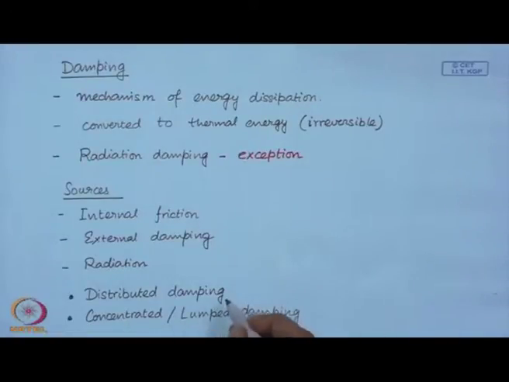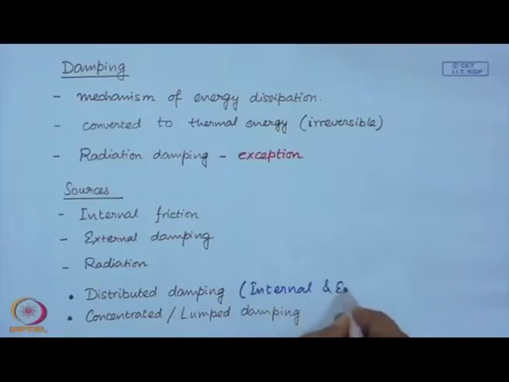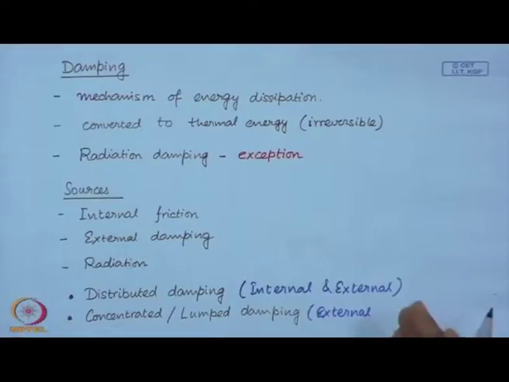Now, internal dissipation and external damping because of fluid, they are distributed damping, while concentrated or lumped damping can occur in external damping when we attach a lumped dashpot or damper at a particular point on a structure.